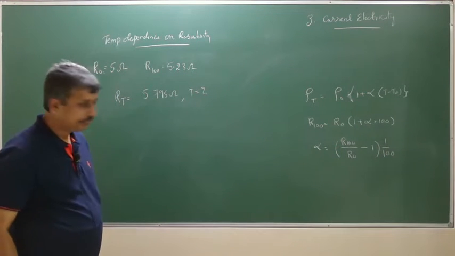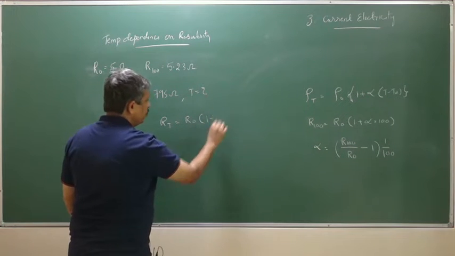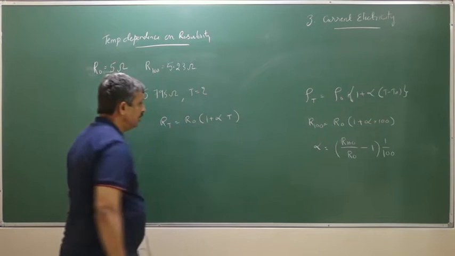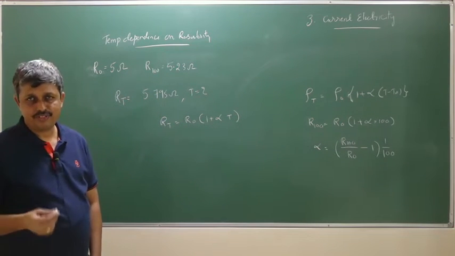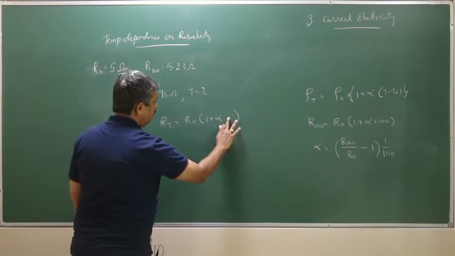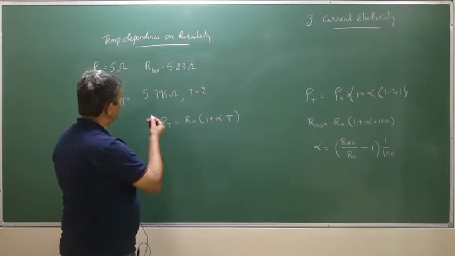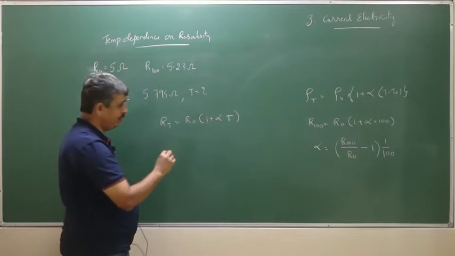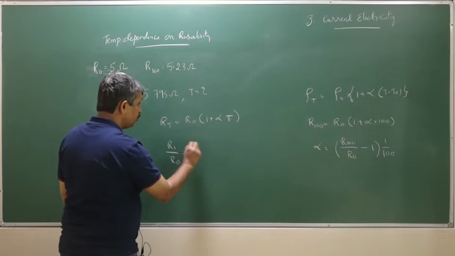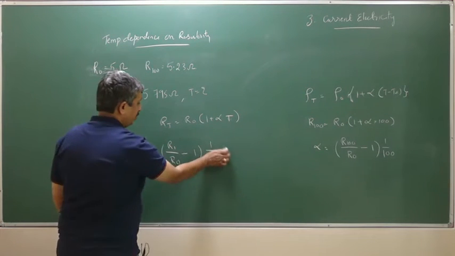Now, again we will say RT is equal to R naught into (1 plus alpha into T), where T is T minus 0, because the other one is 0. In this case, we have to find this T. They have given RT, so we just have to write everything for T. So, this is RT by R naught minus 1, into 1 by alpha.